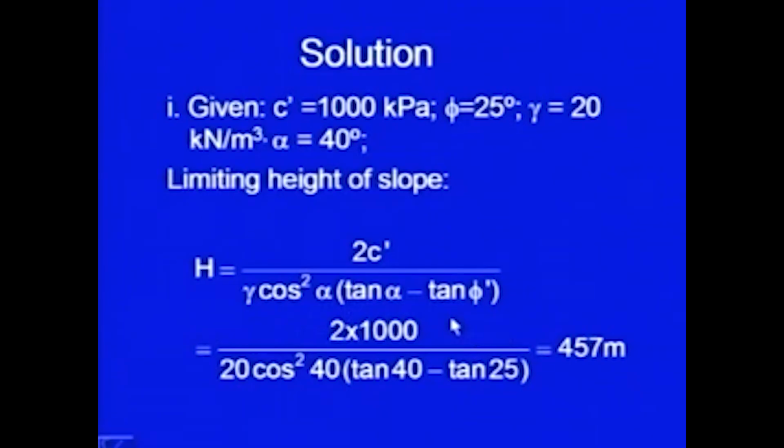That means the sliding plane will have a factor of safety equal to 1 for this height. The shearing stresses being applied there and the shear strength will become equal. It will be the limiting case. So from this computation I get h equal to 457 meter.